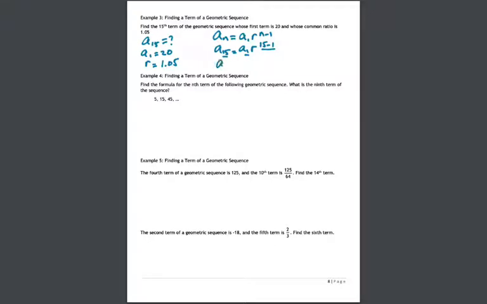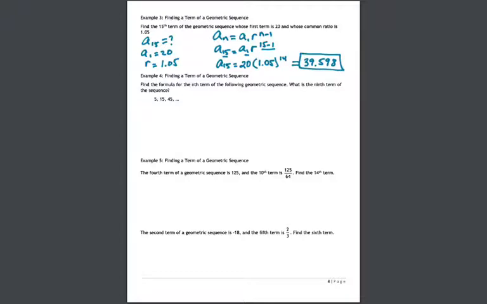So to get the 15th term, we'll take 20, because that's our first term, times our r value, which is 1.05, raised to the 14th power. So you're just going to type that in your calculator, and you get 39.598. I'm just going to truncate it, so just stop right there on the third number after the decimal.